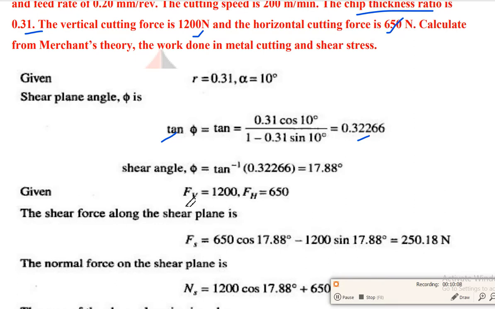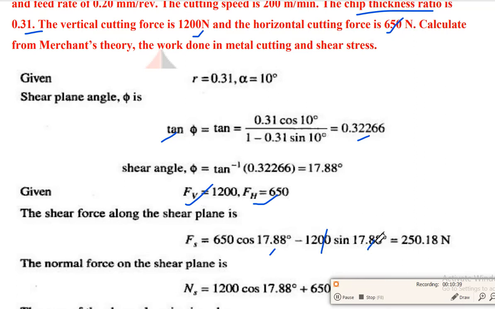Now, given that the vertical force Fv is equal to 1200 and Fh is equal to 650 from the statement, putting these values we get the shear force along the shear plane, Fs is equal to Fh cos phi minus Fv sin phi, with phi equal to 17.88.